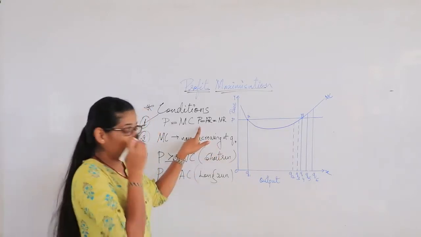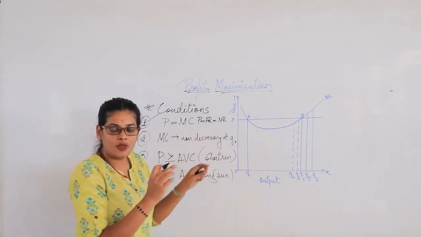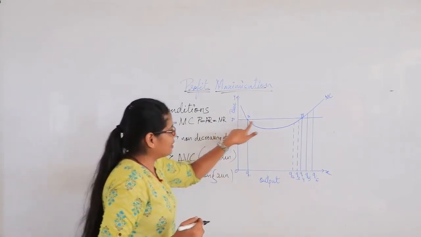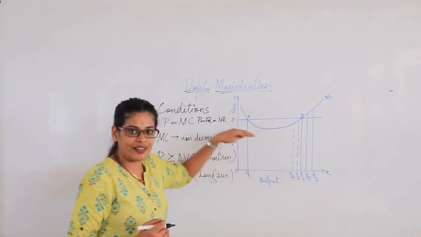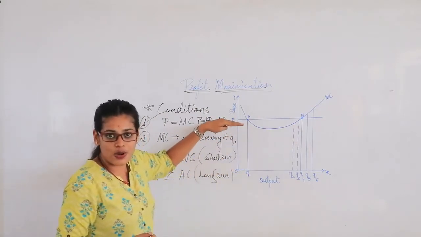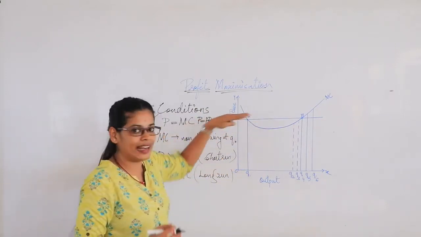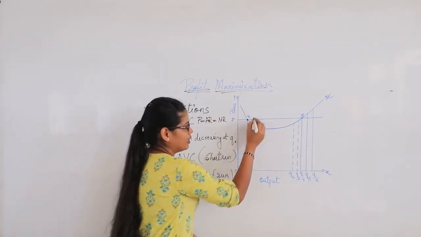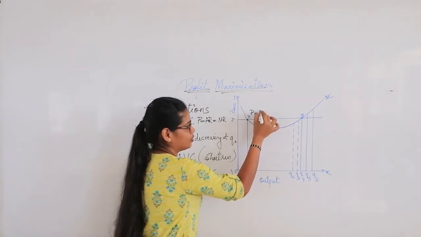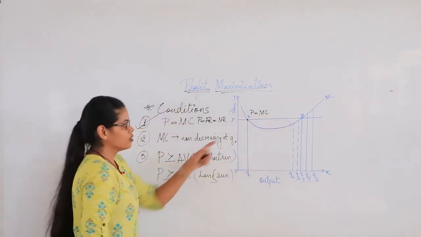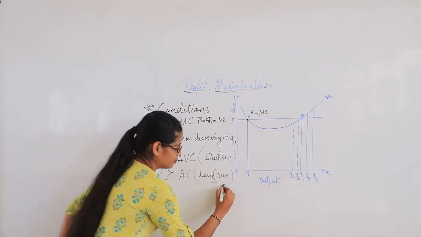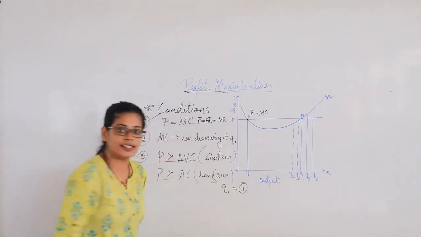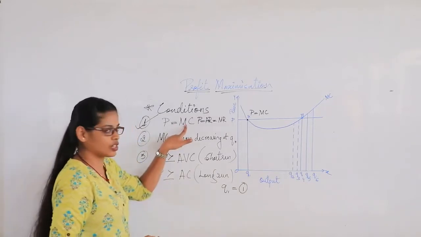We quoted the price as 10, which was constant, so it's a horizontal straight line, neither increasing nor decreasing. At this point, P is equal to MC. So Q1 has satisfied the first condition, right?